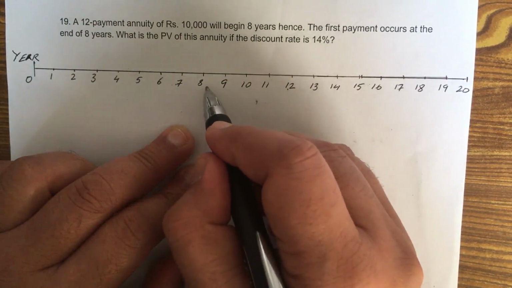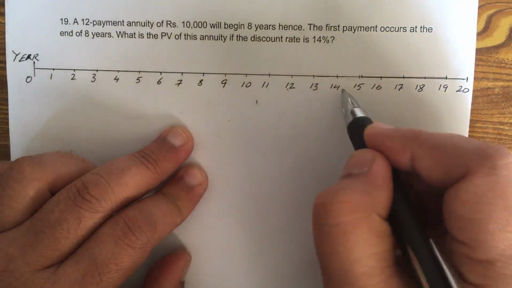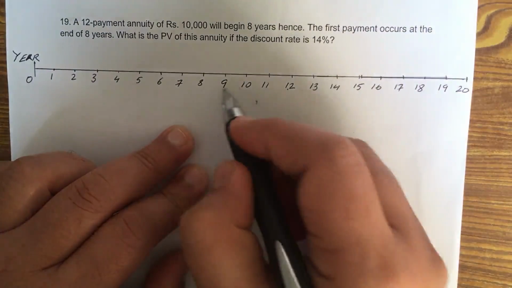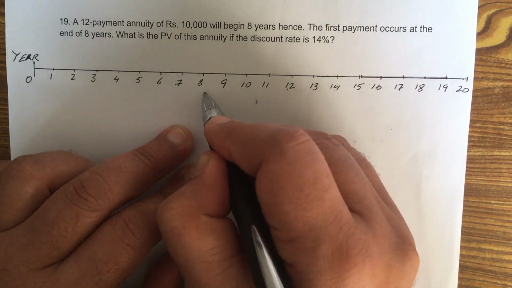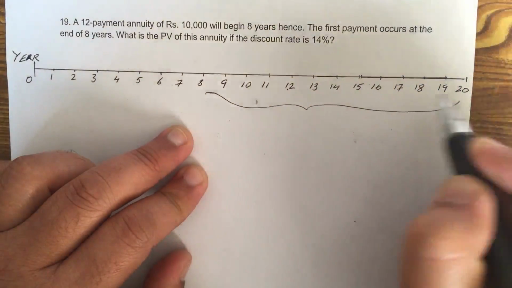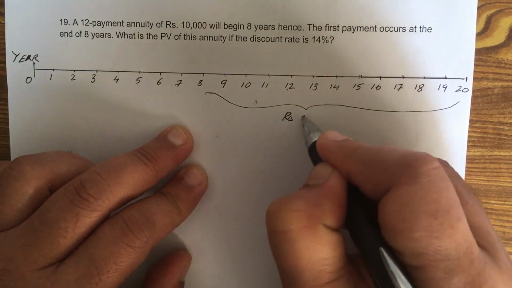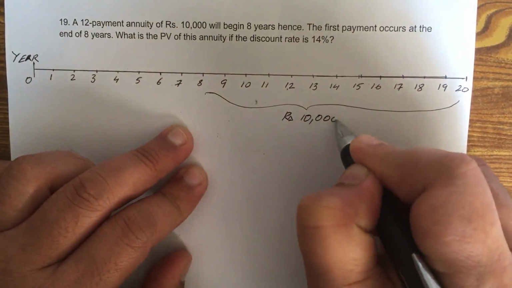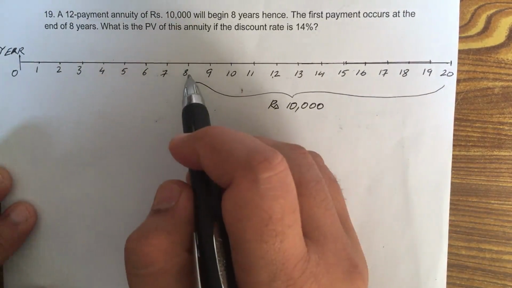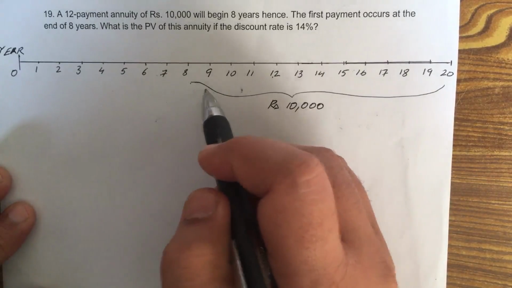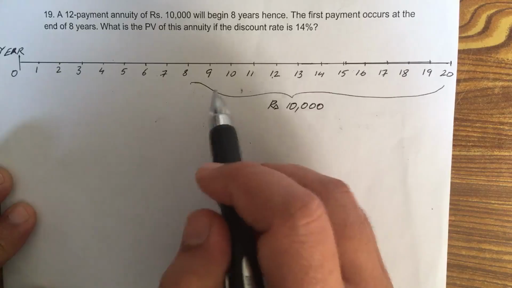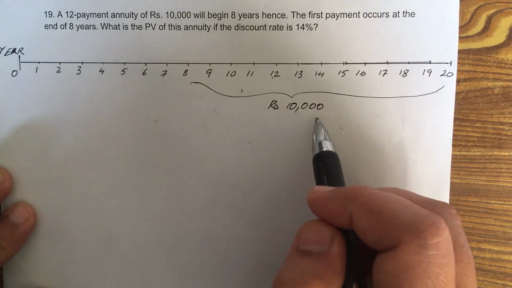So for the next 12 years, from 8, 9, 10, 11, 12, 13, 14, 15, 16, 17, 18, 19 and 20th year, you will get a payment of rupees 10,000. For the first 8 years, there's no payment. But after that, for the next 12 years, you will receive an annuity payment of 10,000 rupees.